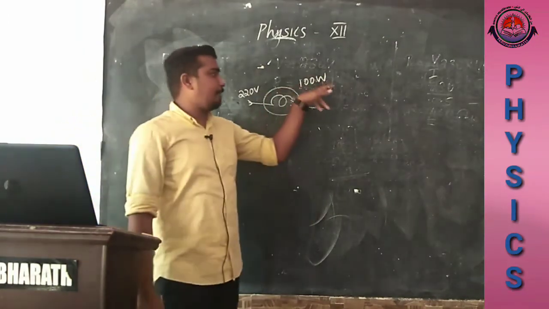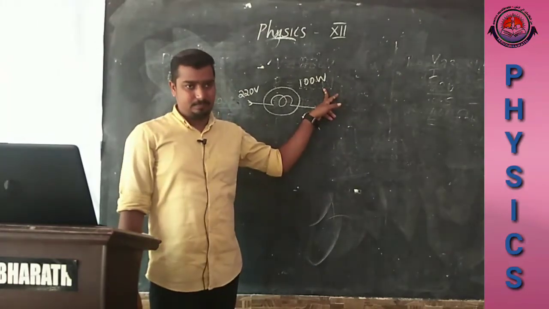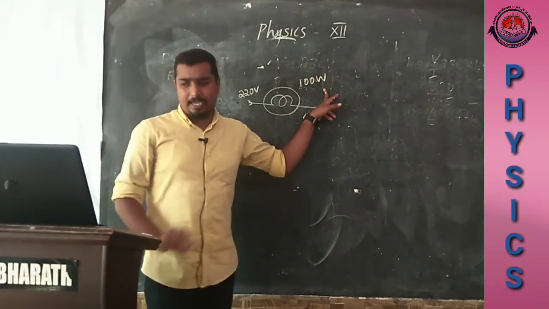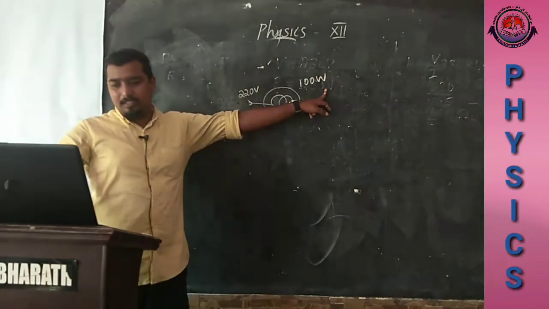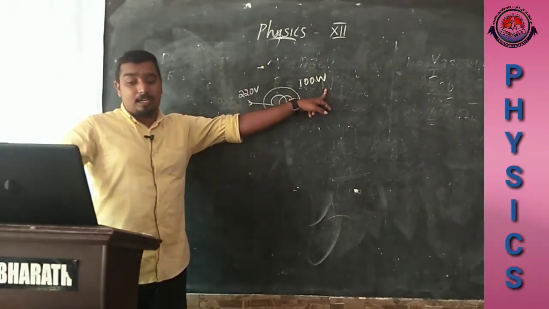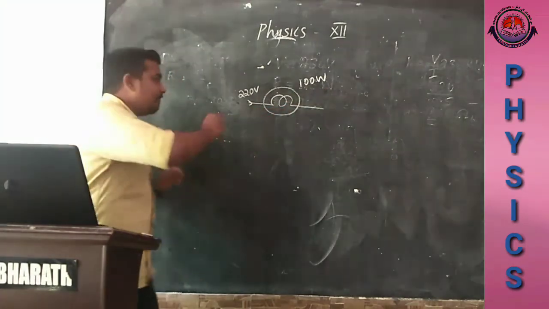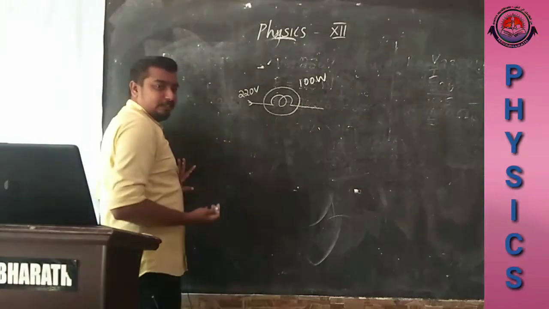At that time the power of the electric bulb is 100 watt. Is it clear? Then what is the change? The electric bulb is working under 110 volt. That is, here the voltage is changed.